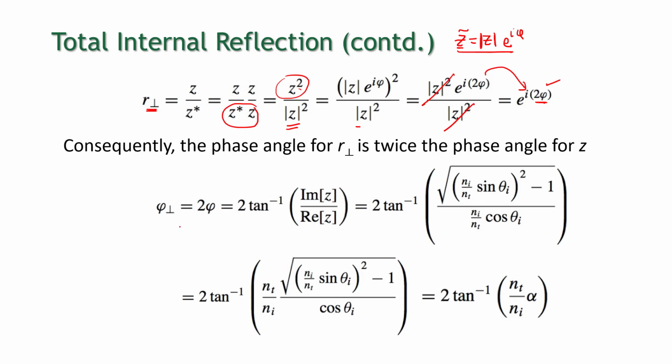So we can write phi perpendicular is 2 times phi. To find phi, tan phi is given by the imaginary part over the real part.